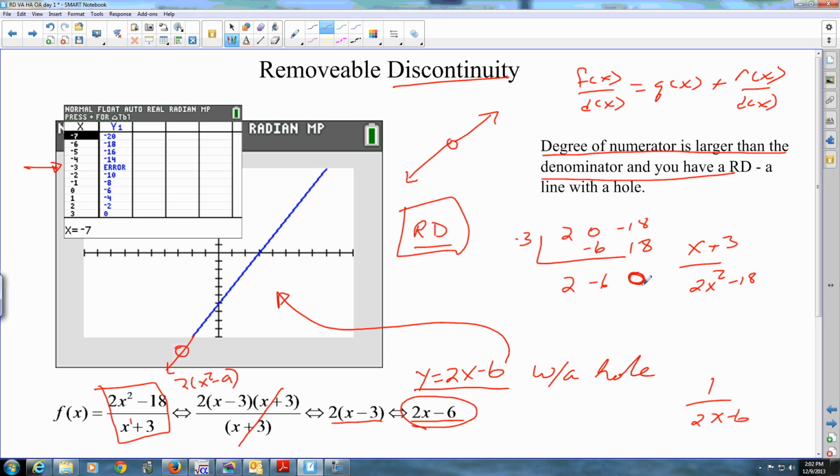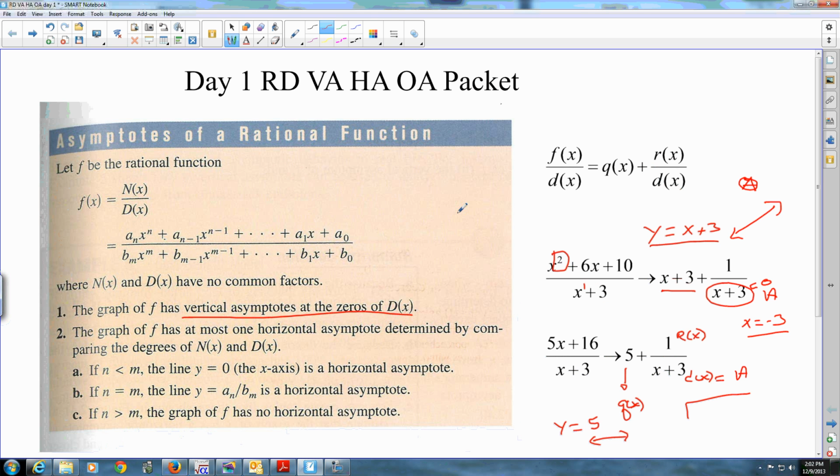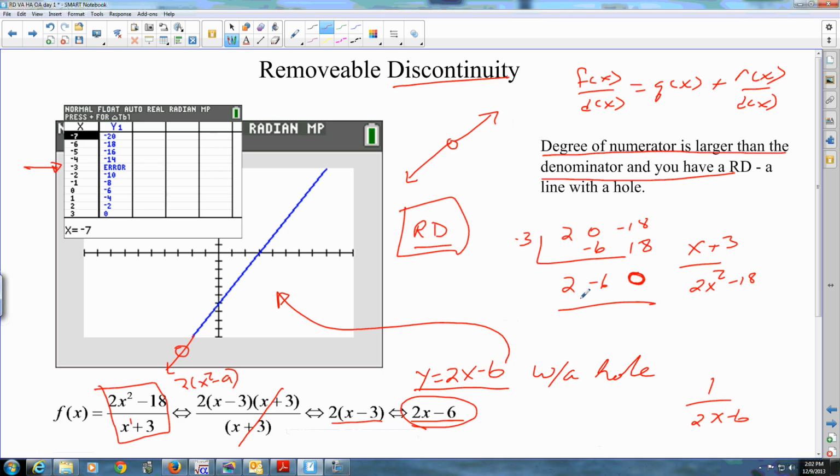Okay? When your remainder is 0, when this is 0, you do not have any asymptotes. None. Okay? And I can go back to the first page and show it to you, where these things have no common factors. That's essentially what just happened. You had a common factor. The sucker canceled out. Okay? Because you had a common factor, and it turned into this, you don't have any asymptotes because all that was created was a hole in the graph.